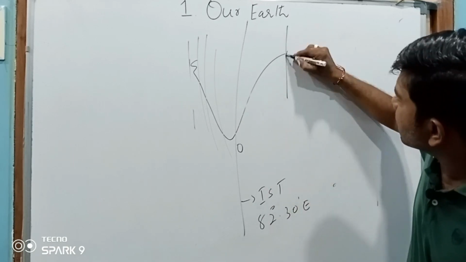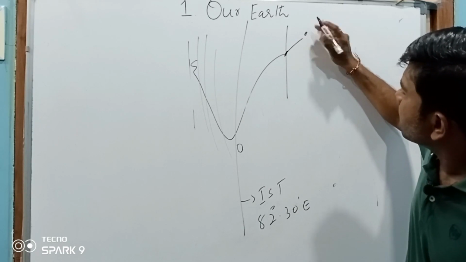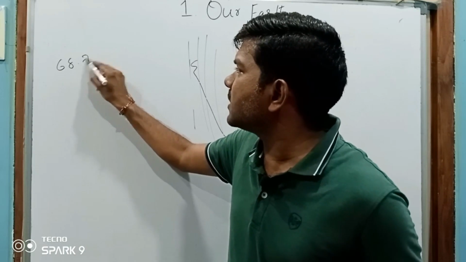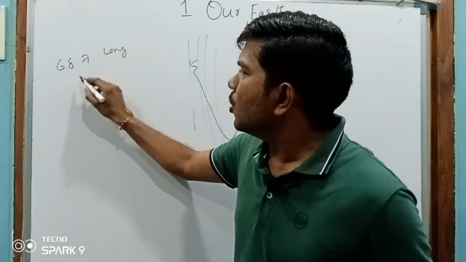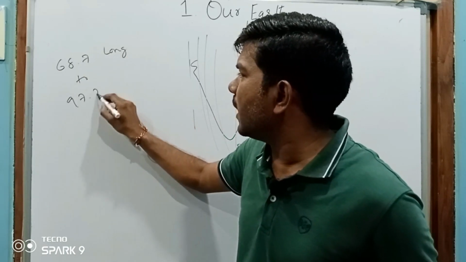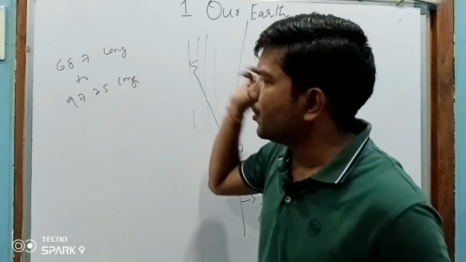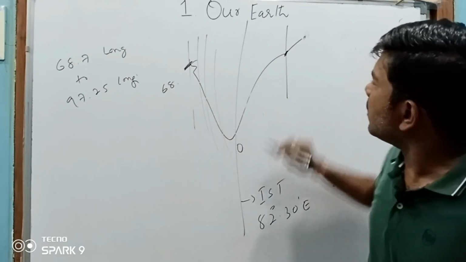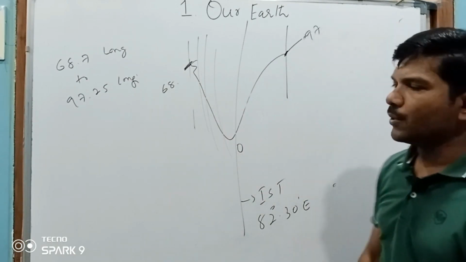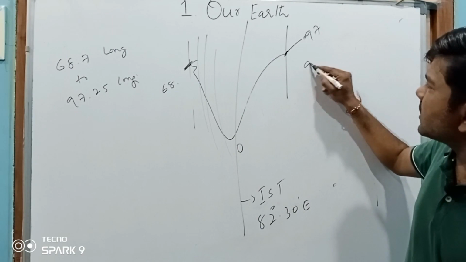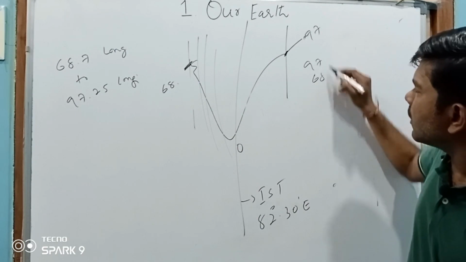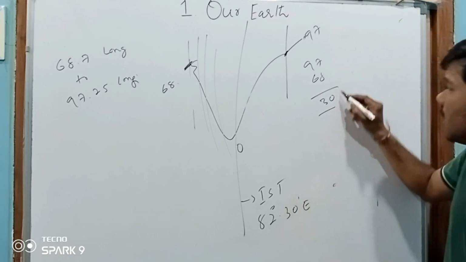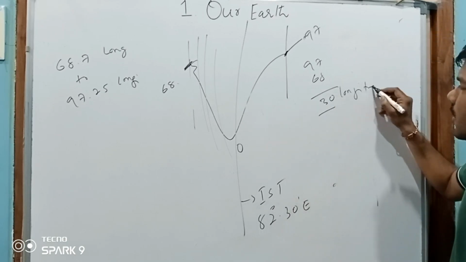India is located between 68.7 degree longitude and 97.25 degree longitude. So 68 is here and 97 is here. If you take 97 and 68, how much difference is there? 30 longitudes.